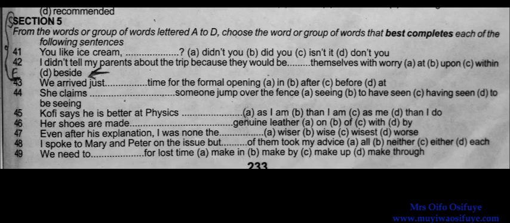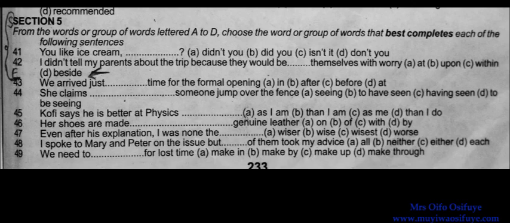Now if we look at those options, we realize that the options are one word, unlike the first example where we have the options as more than one word, because the instruction there says choose the word or group of words that best completes. So the first example we looked at was a group of words as options, and the second one is just one word.